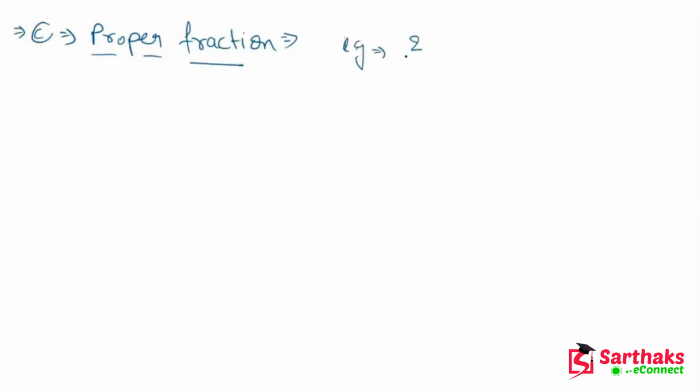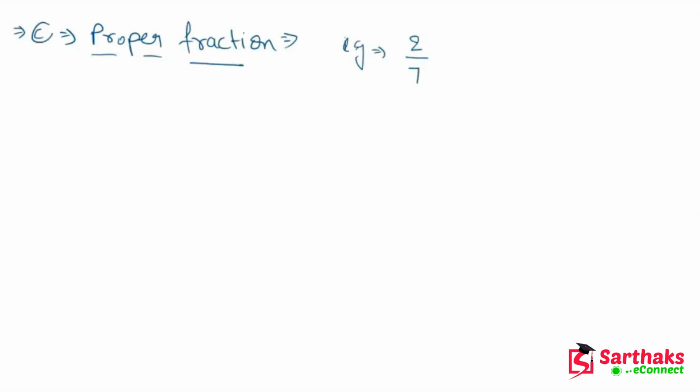The third type is proper fraction. What is a proper fraction? Proper fractions are those fractions in which the numerator is less than the denominator. For example, 2 upon 7.